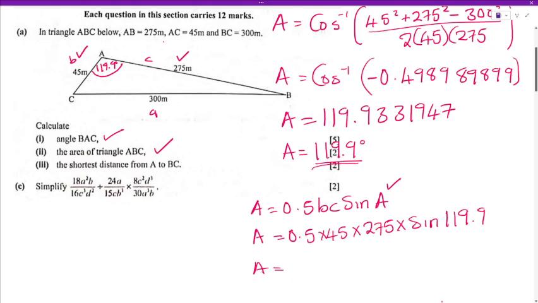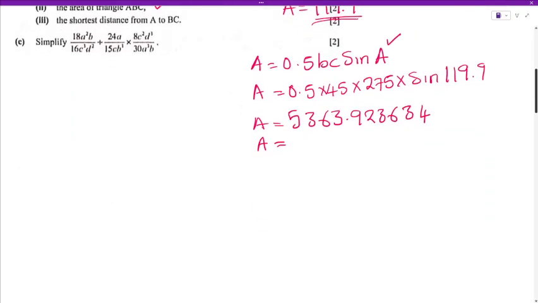Let me just confirm that I've punched the correct value. 0.5 times 45 times 275 times sine 119.9. Okay, that gives me 5363.9236. Remember, we said in paper 2 you need to round off your answers to 3 significant figures.